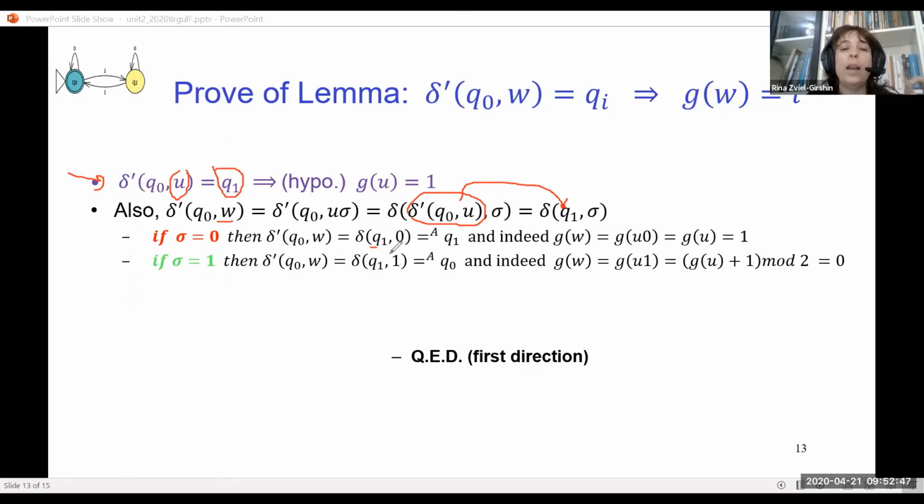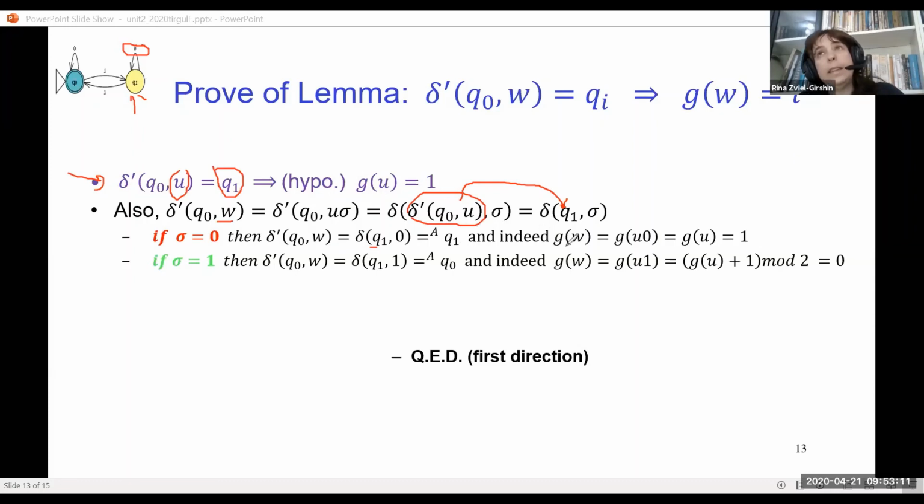So now I have to check only a single transition from the state Q1 with 0. Where do I go? From the state Q1 with 0, I don't move anywhere. I stay at the state Q1. Why? Because the number of ones is still odd.